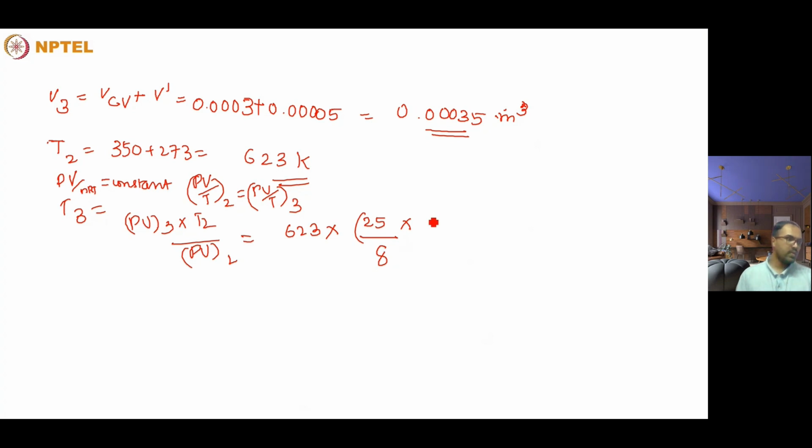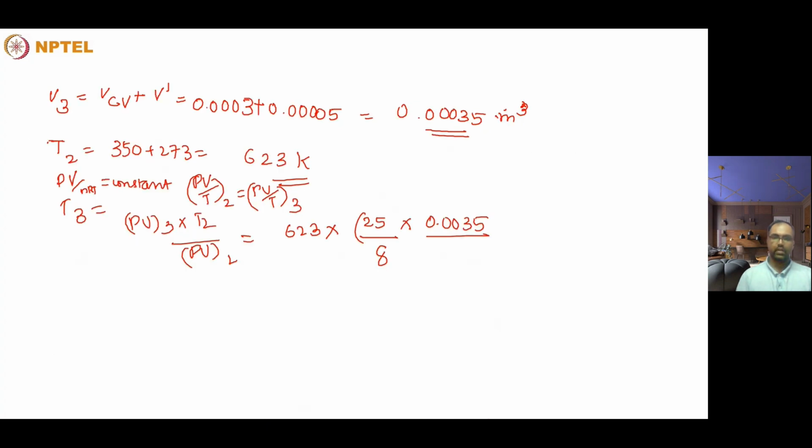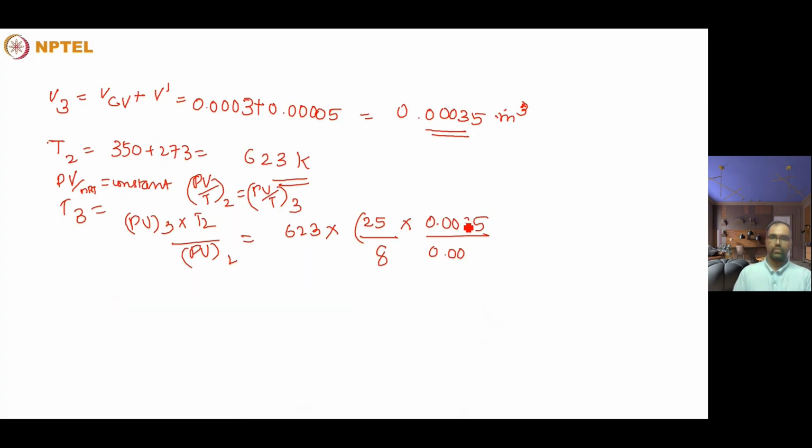And the volume at the end of the compression, V3, is 0.00035, divided by the volume at the beginning of the compression, that is the clearance volume, 0.0003.